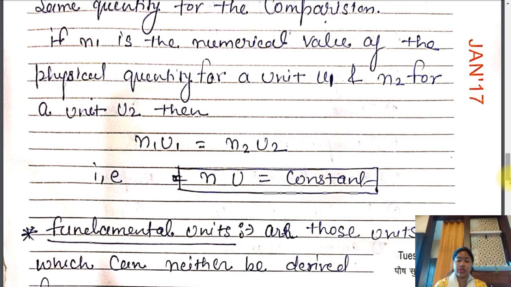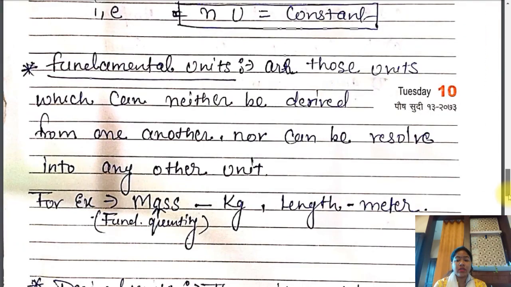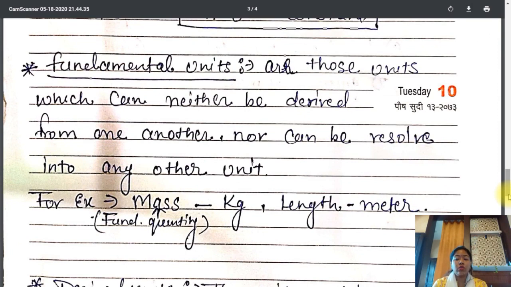The category of fundamental physical quantities involves only those quantities which are independent of any other physical quantity. That means they can neither be derived from one another nor be resolved into any other unit.